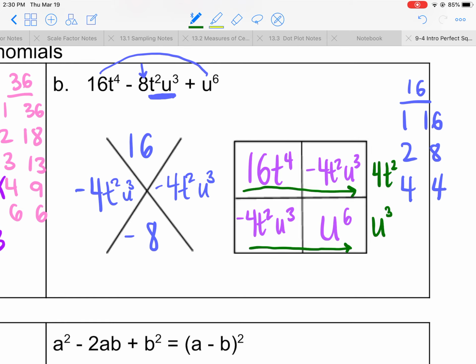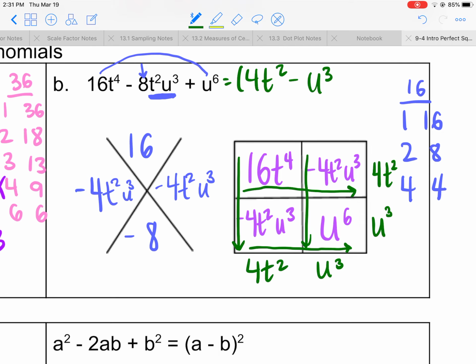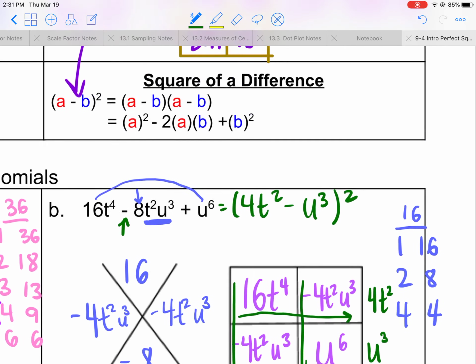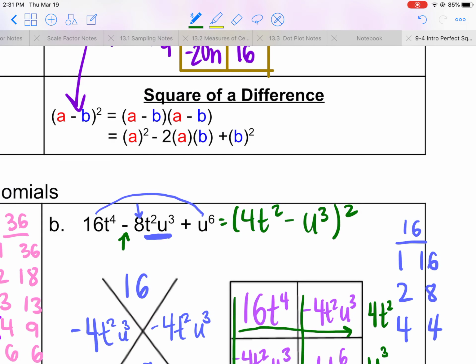There's no t in my second term, so I can't pull out a t. So now I get 4t squared, and then here I get u to the 3rd. This factored is 4t squared minus u cubed squared. Notice it is a subtraction sign because this is a difference of squares, or a square of a difference.